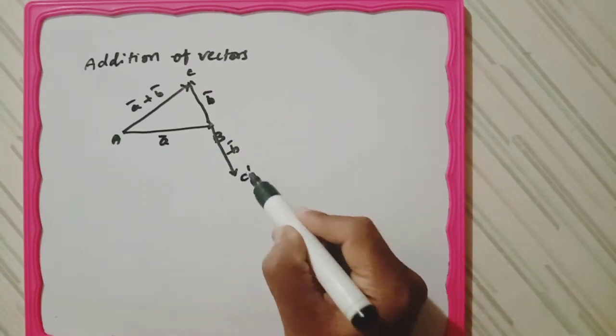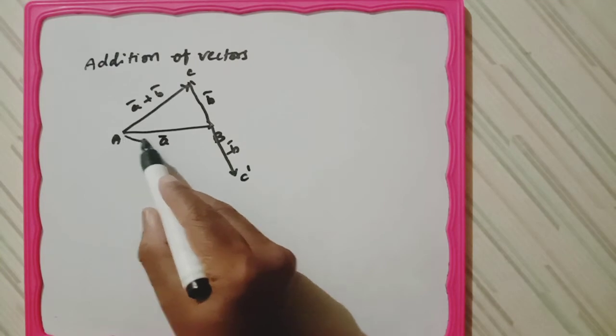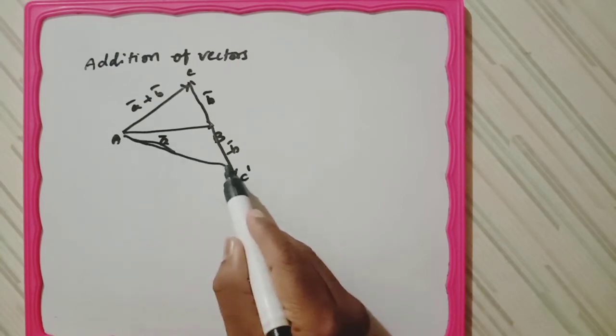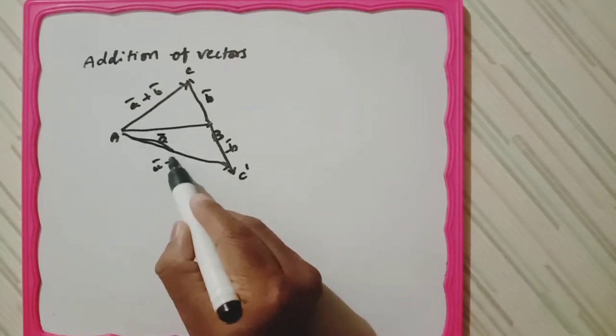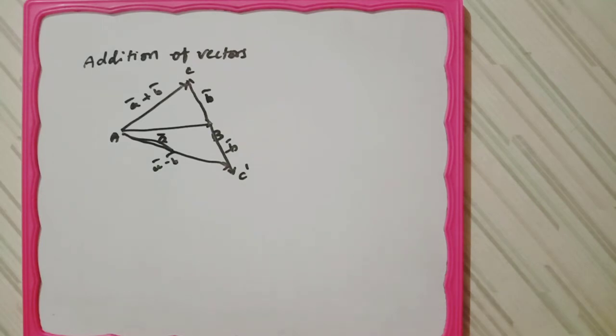Then it is BC dash, and AC dash will represent A bar minus B bar, which will give us the difference of the two vectors A bar and B bar.